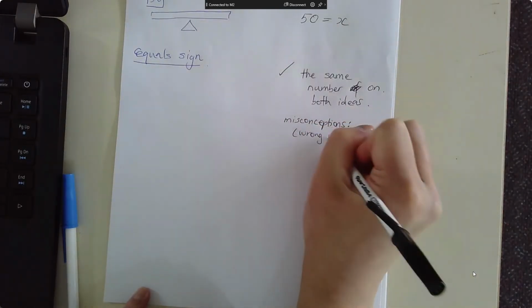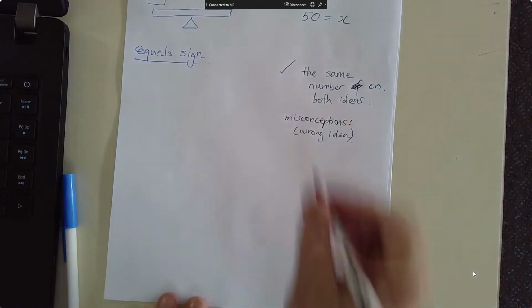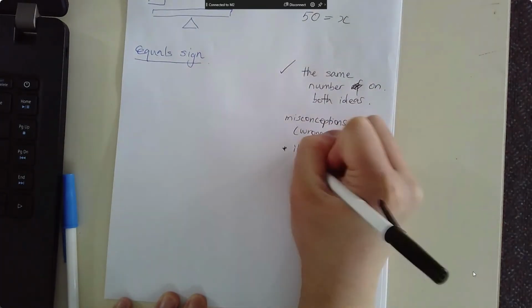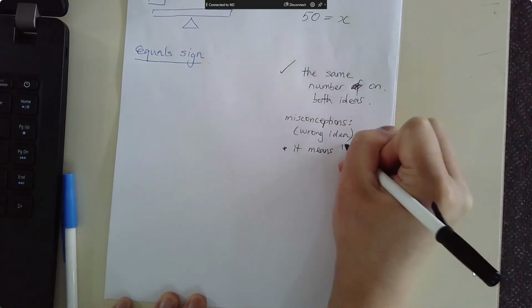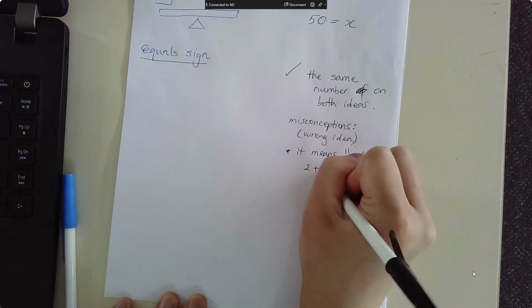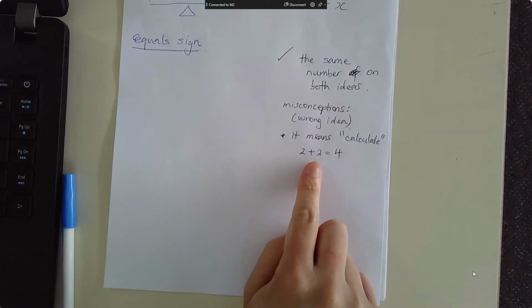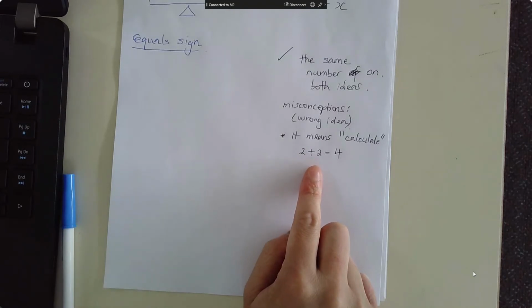Okay? So a common misconception, number one, is that the equal sign means calculates. For example, when you went through primary school, you probably did this. 2 plus 2, tell me what the answer is. And then you would have written an equal sign, and then you would have written 4.